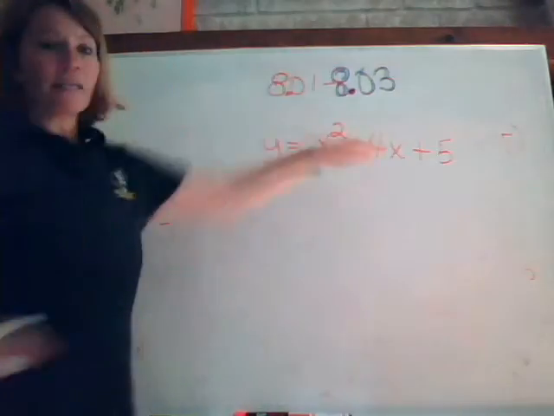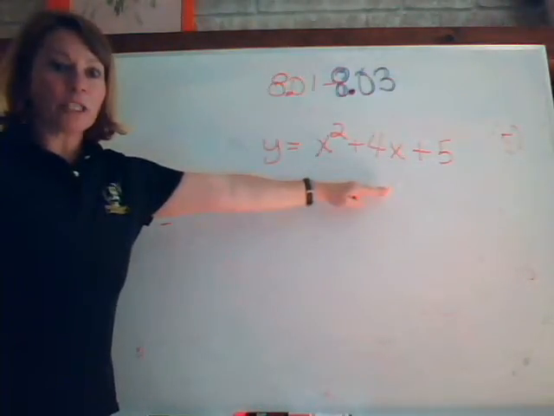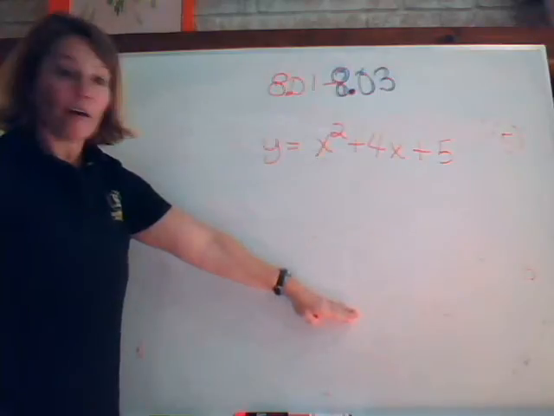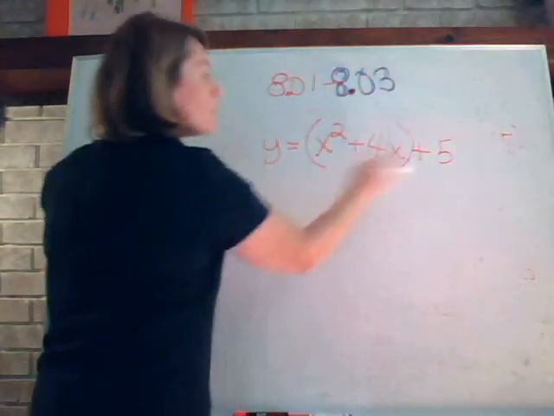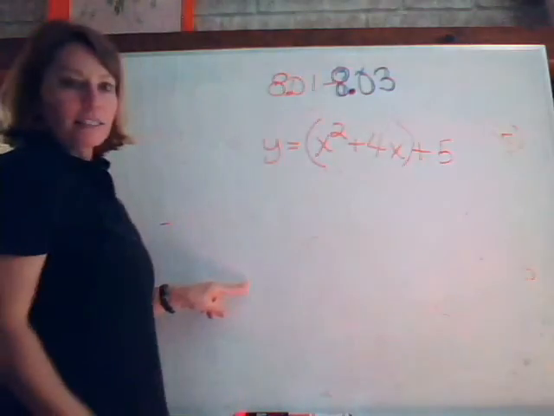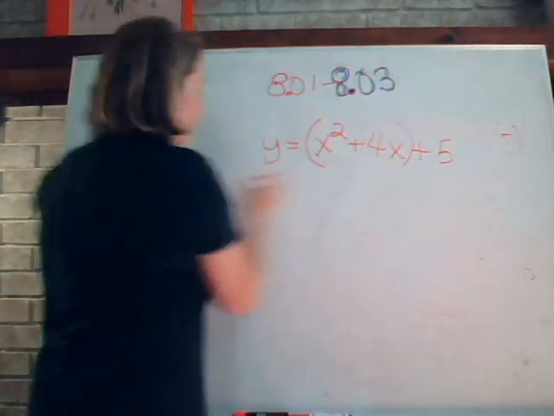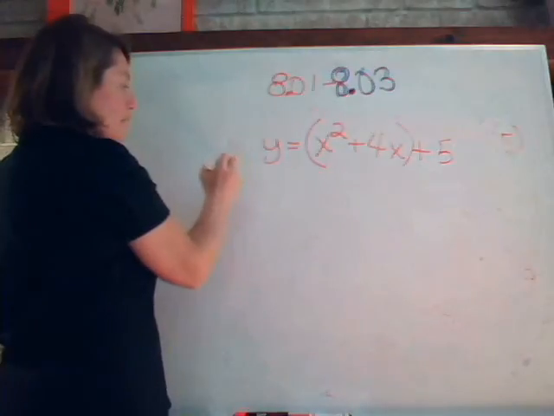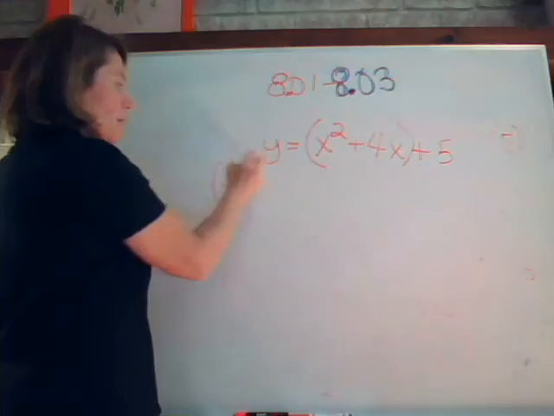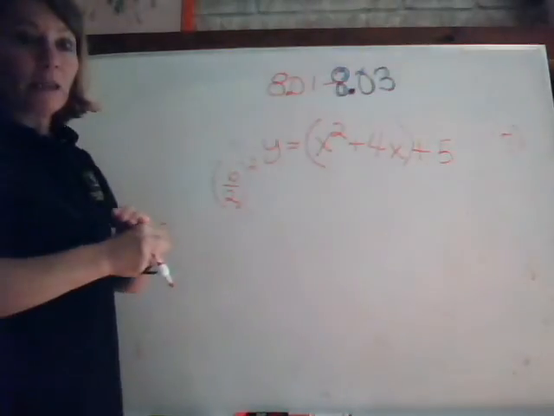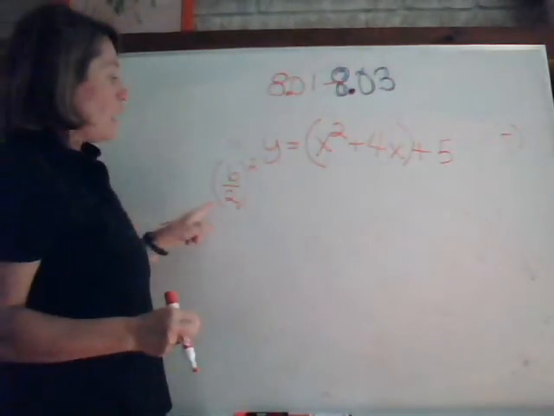If I have it in standard form and need to switch it to vertex form, remember how I did this the other day? I group the first two terms together and leave my constant dangling for a minute. I take the b, divide it by 2, and square it. This is called completing the square. I'm going to spend a lot more time on this in just a few minutes.